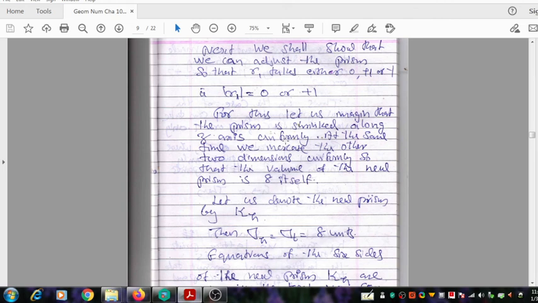At the same time, when we shrink the prism along the z-axis, we make one more change. At the same time we increase the other two dimensions.